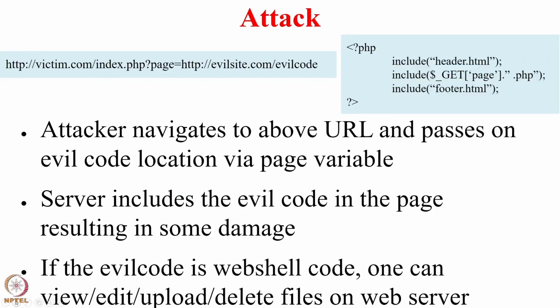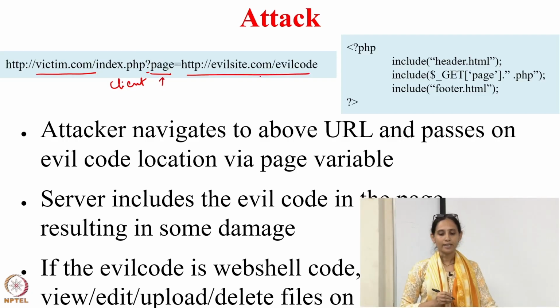So, here for example, this is what a client, which is in this case the attacker, is contacting this server, which I am calling the victim because it is subject to an attack, and index.php is whatever it is invoking, with this page as the name and this as the value.